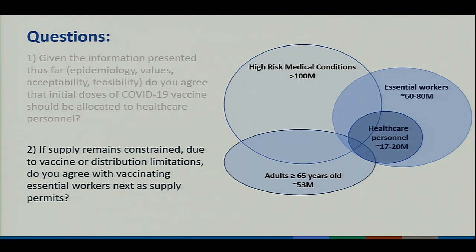Dr. Fry. Thank you. I had a quick comment, but really more of a question. So far I agree with both of these groups as being prioritized, but I think there has to be a strategy to prioritize people within each of these groups. But my question is, and I think Dr. Lee alluded to this earlier, who makes the decision about how many doses go to a particular region or state?